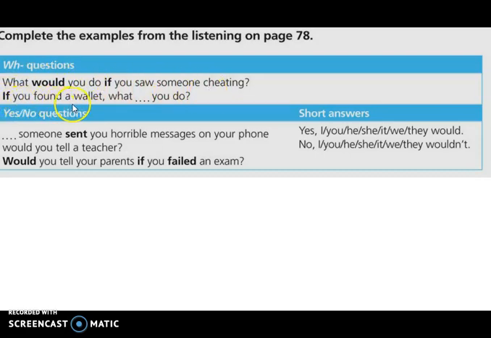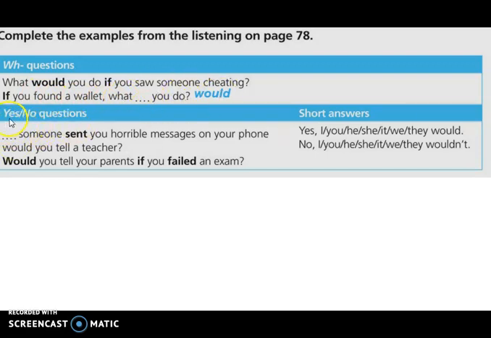And if you found a wallet, what would you do? Same thing. Look here, what would? Here we asked by the WH question and would, then subject, verb infinitive, then the if part. Here we started by the if part: if you found a wallet, comma, what would you do?